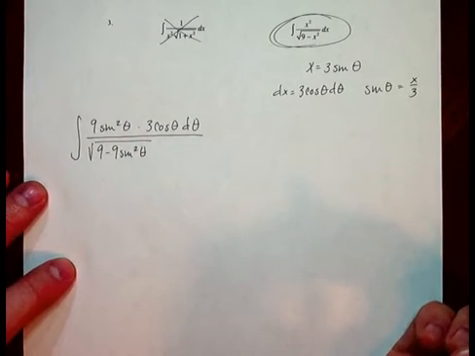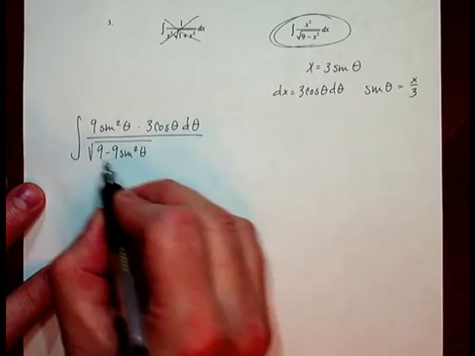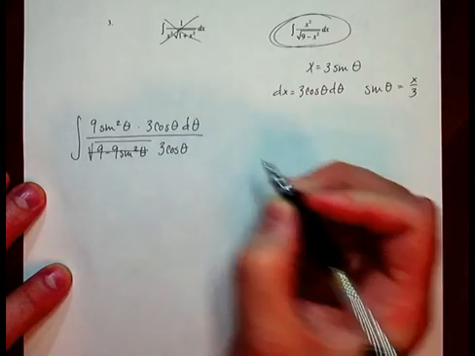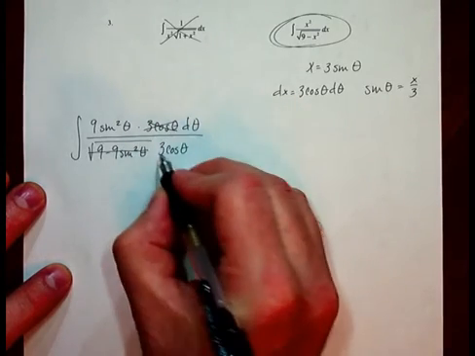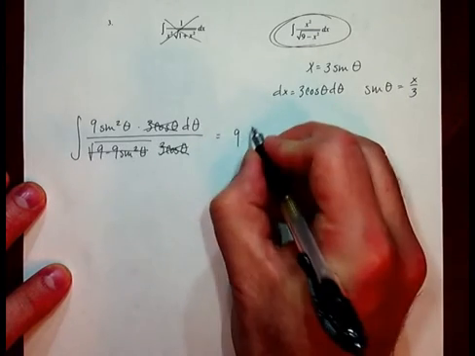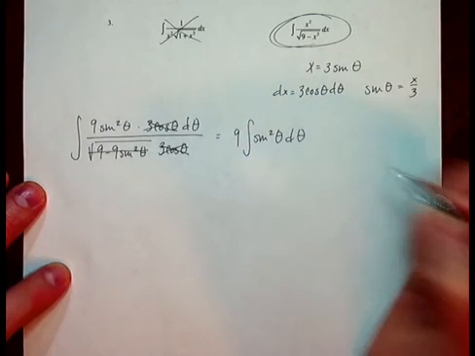Now, the whole point is for that to become 9 cosine squared. And the square root of that, of course, is 3 cosine theta. Well, that just happens to cancel with that. And I'm left with 9 sine squared theta d theta.